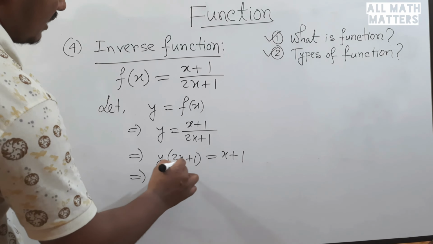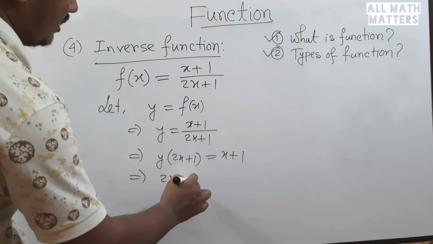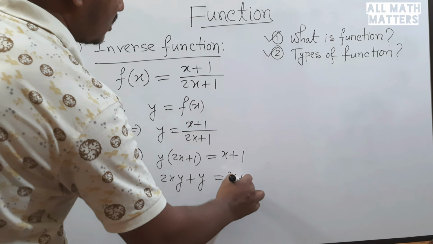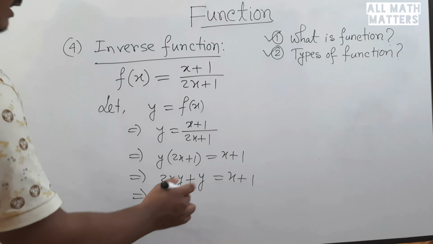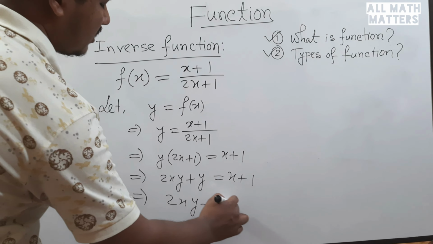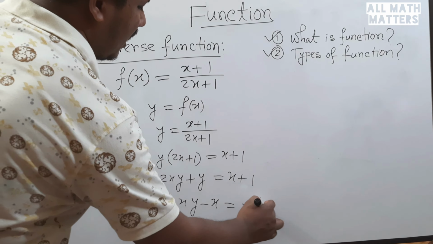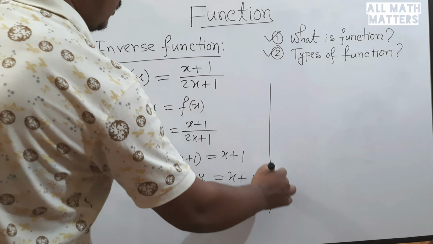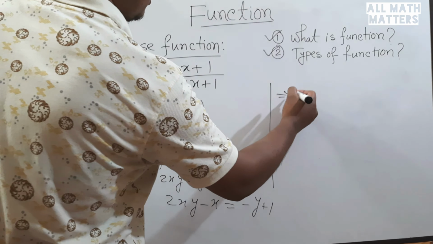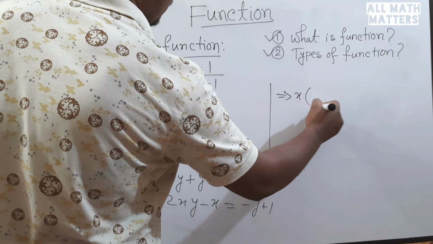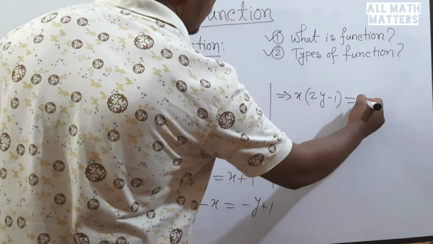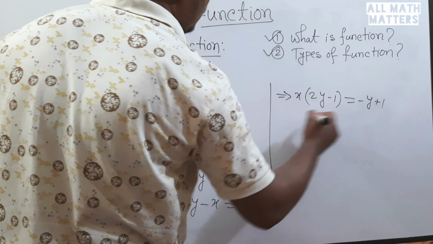If we multiply this, 2xy + y = x + 1. Now we take the x terms together, so that will be 2xy - x = -y + 1. If we take x common from both parts, that will be x(2y - 1) = -y + 1.